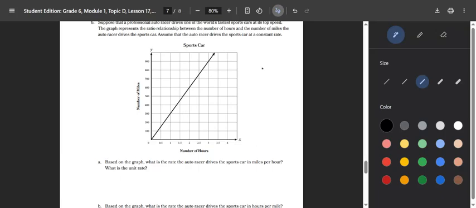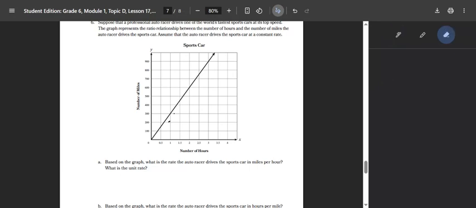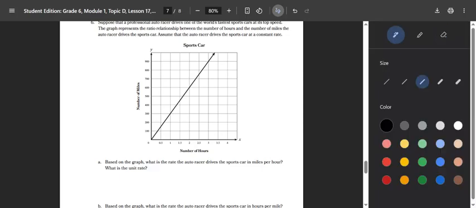All right, so look for a spot where this diagonal line goes through both axes. So as I'm looking right here, I can see at 1 and 300, I have a point that goes through both axes.